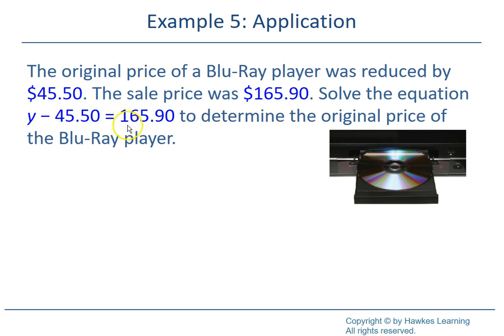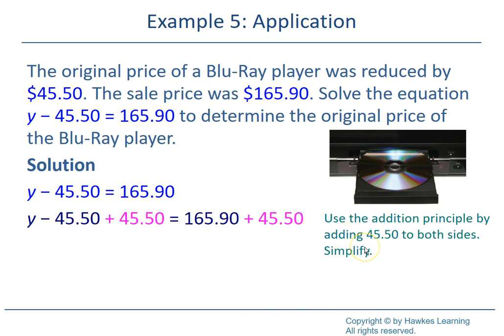This gives us the price we pay at the register. So solving this equation, we're just going to add 45.50 to both sides. That will give us a positive Y. Here they're showing it in the traditional horizontal way. And you get the price is $211.40.